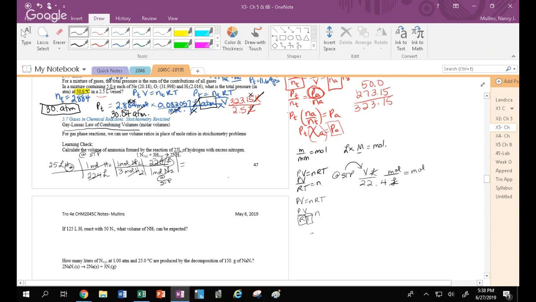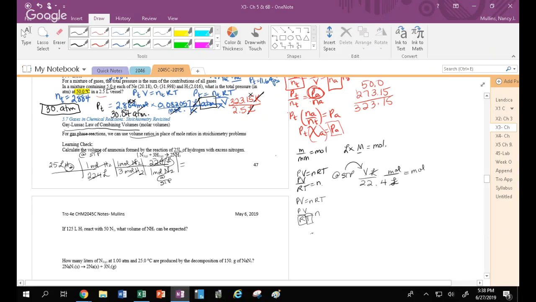If you are just comparing gases, very specifically things in the gas phase, you could use volume ratios in place of the mole ratios, because any conversion you had to do to go from volume to moles would be canceled out by the other substance, which would also have to undergo the same conversion. And so it's just a nice shortcut.